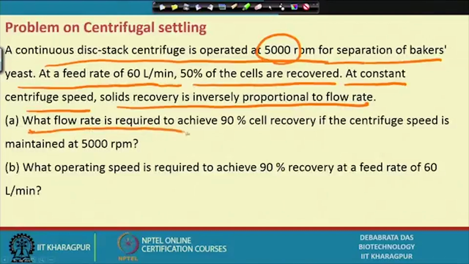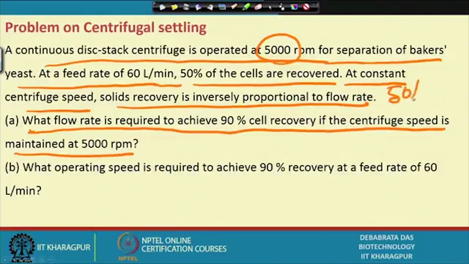What flow rate is required to achieve 90% cell recovery if the centrifuge speed is maintained at 5000 rpm? Since it is inversely proportional, I can write 50% by 90% and multiply by your flow rate, 60 liters per minute. Then you can find out what flow rate is required to get 90% separation of the cells.